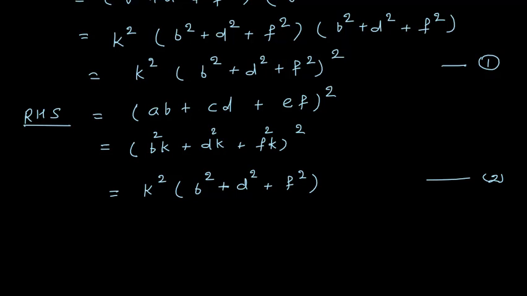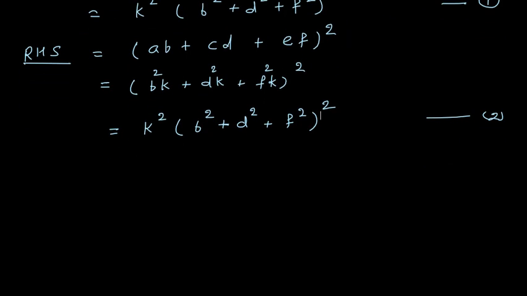Now have you understood what mistake I have done? The value of A I have written BK, but this A is multiplied by B, so BK multiplied by B is B square into K. Now see what result I get from LHS and what result I get from RHS. Both the results are same, so therefore from 1 and 2, LHS is equal to RHS.